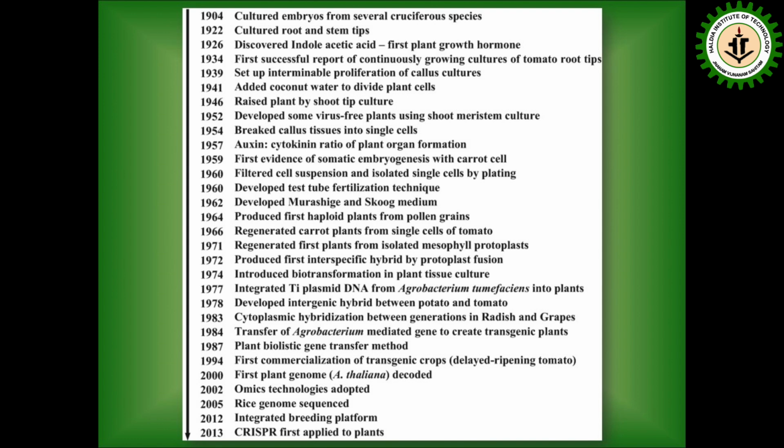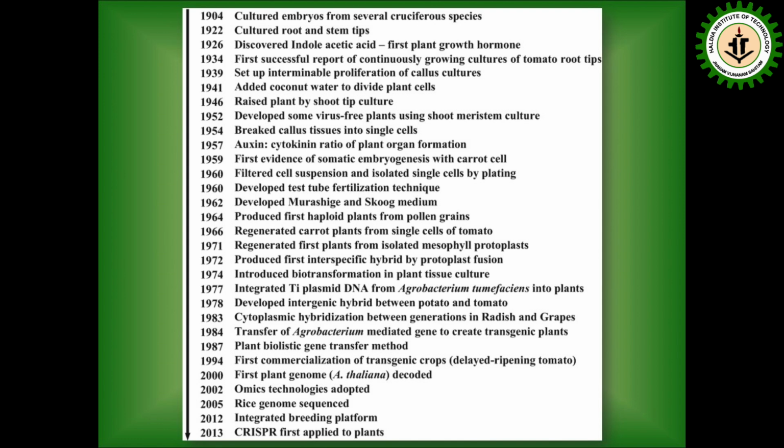A major turning point in the history of plant tissue culture was the discovery of plant hormones or growth regulators. In 1934, scientist Went identified auxin, indole 3 acetic acid, or IAA, a hormone responsible for cell elongation and root formation.